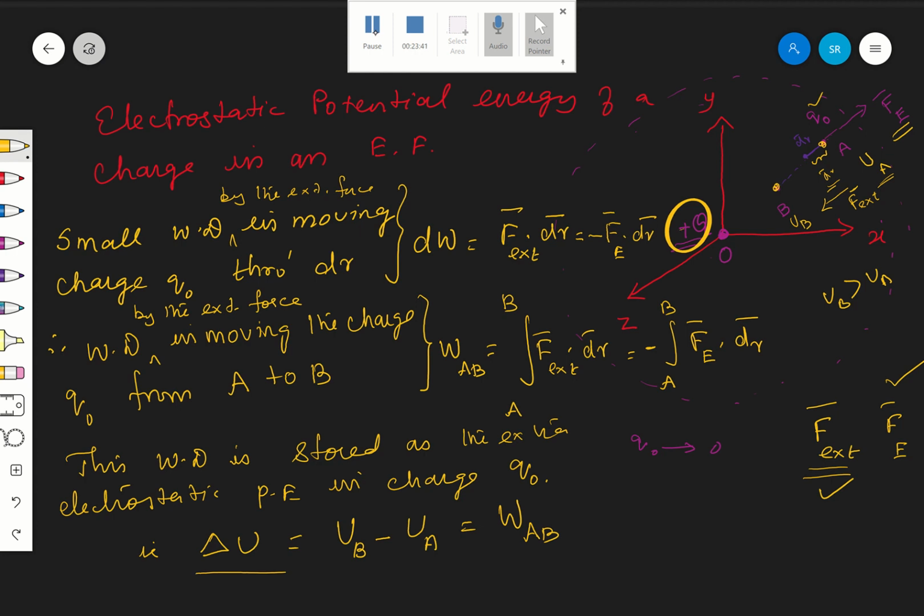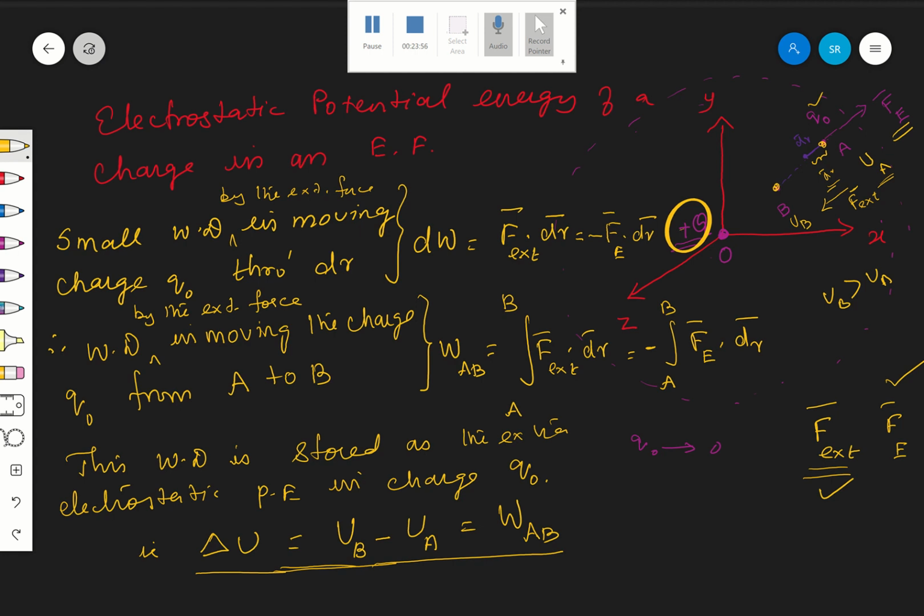It is not a new concept, you will have learnt everything in your 11th standard with respect to the gravitational field.